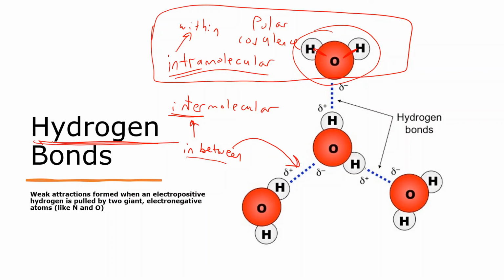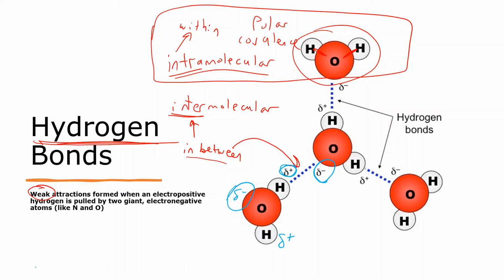Okay, so this is exactly what it says, a very weak attraction formed when electropositive hydrogen, and let me go ahead and just stress this with a different color, right? These hydrogens are electropositive. See that here? Electropositive. And this giant oxygen is electronegative, but so is this one.